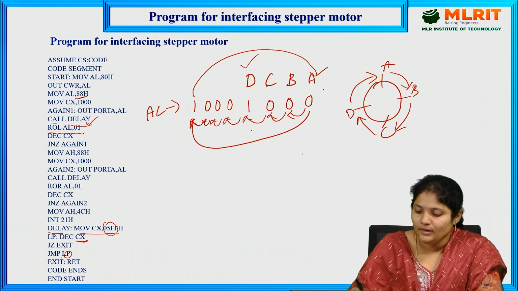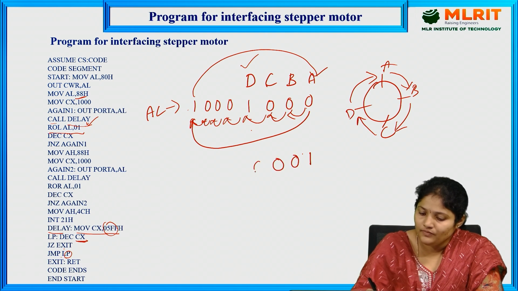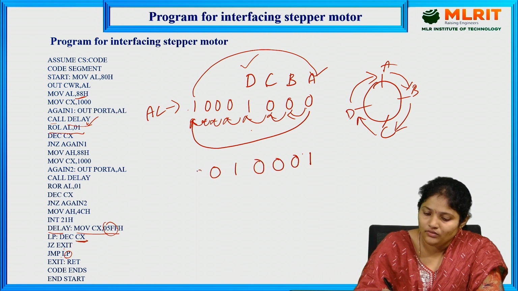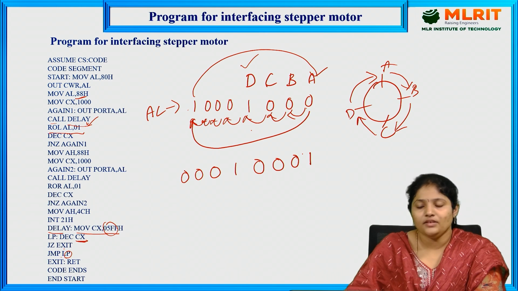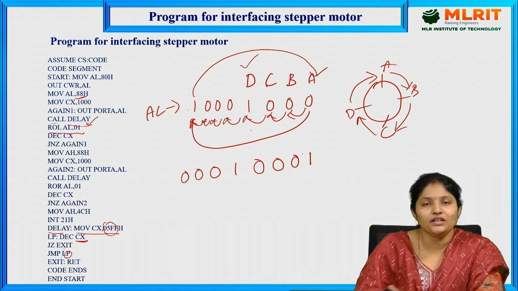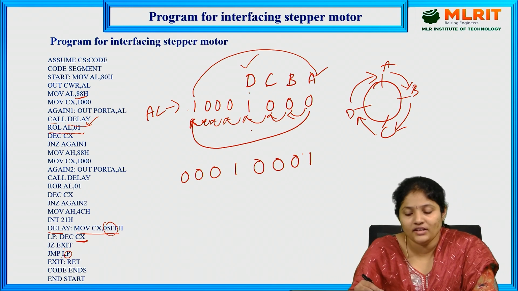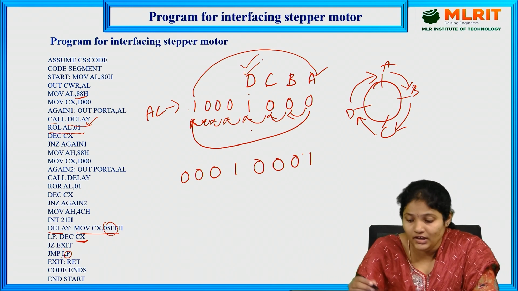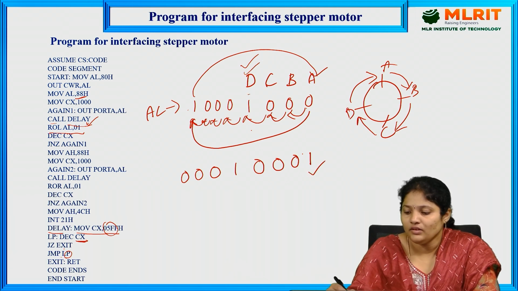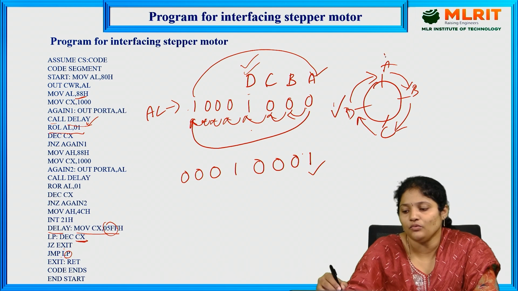Now this 0 will be moved to B, giving 0001 0001. This is the position we get after rotating one bit. So after one step, the excitation has moved from D to A.